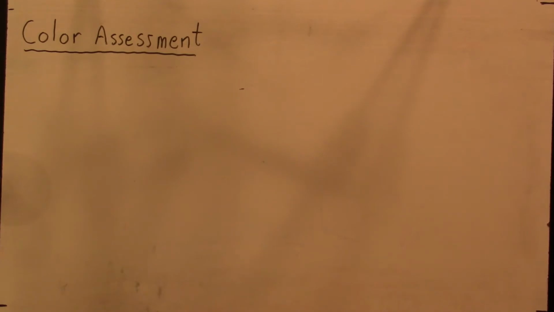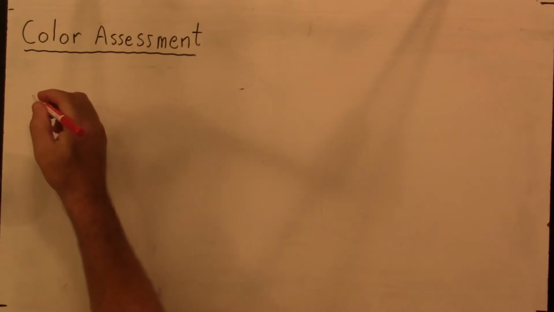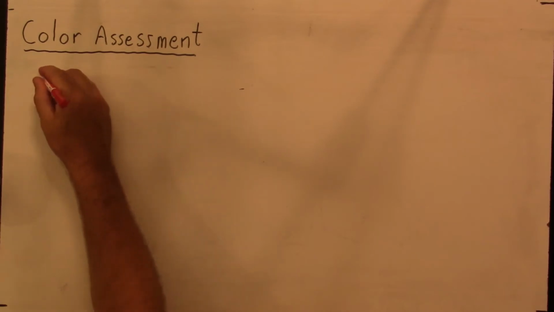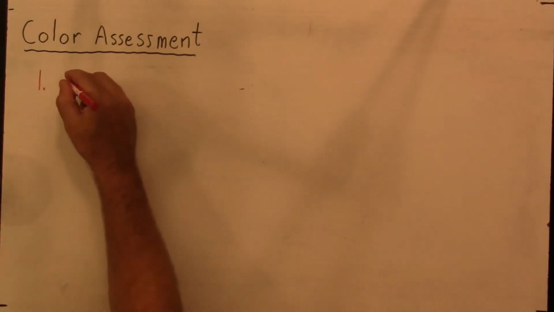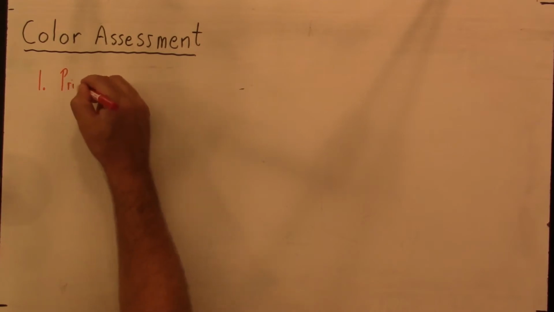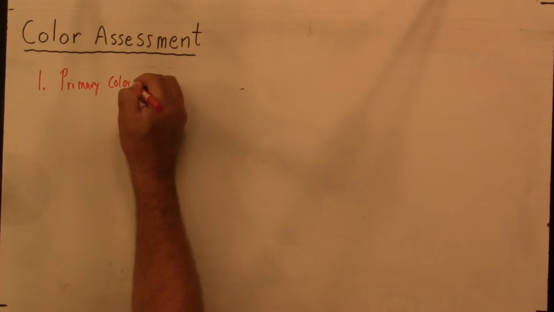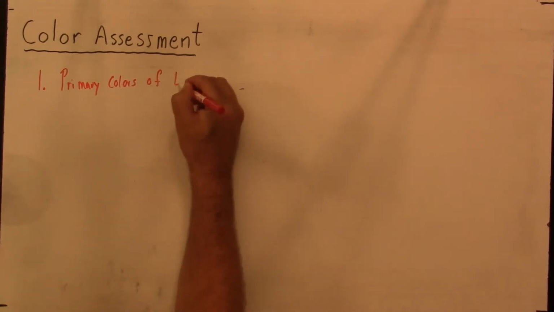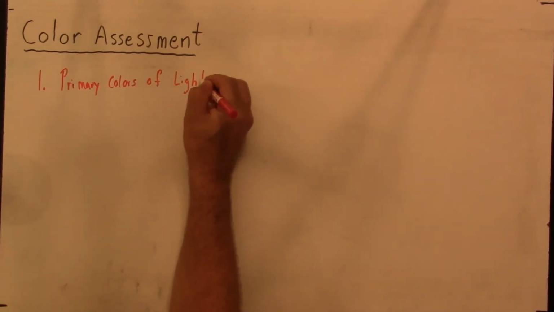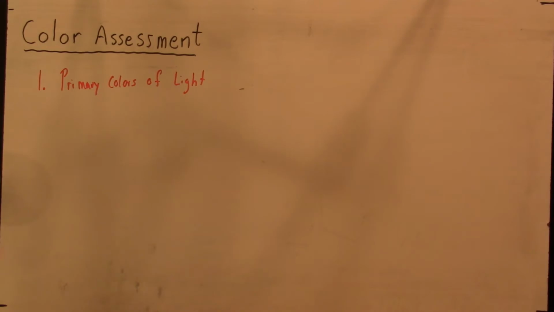Question number 1 says, which is not a primary color of light? So what are the primary colors? Well, one of the things that makes this difficult is that when you were in elementary school, they told you that the primary colors were red, yellow, and blue, but they were talking about the primary colors of paints.